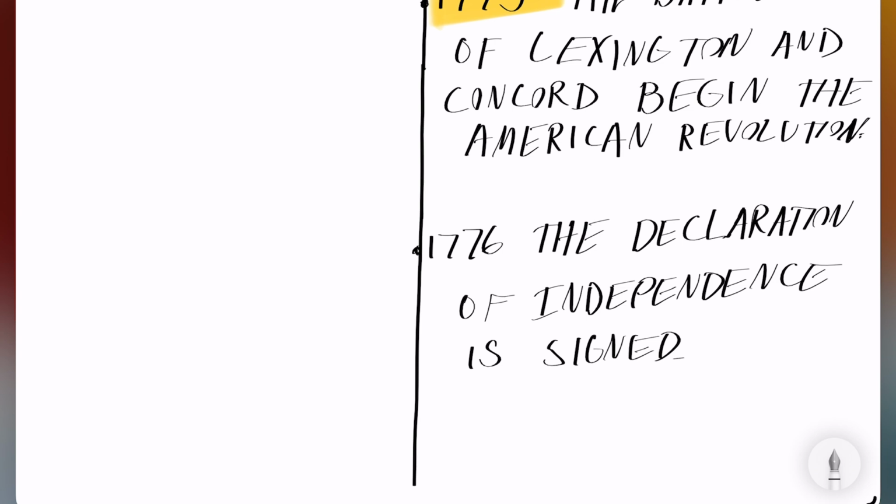And remember, this document is stating that the United States of America is now an independent nation from British rule. Okay? So, let's take a look at our next slide.